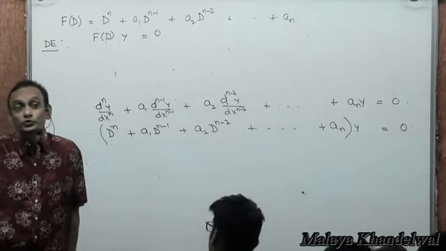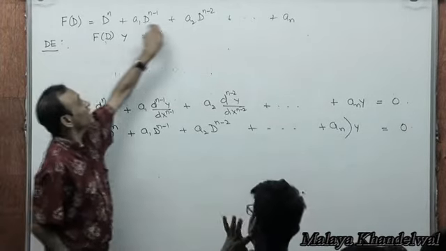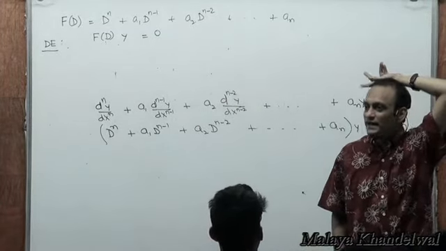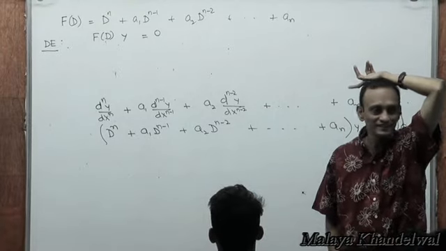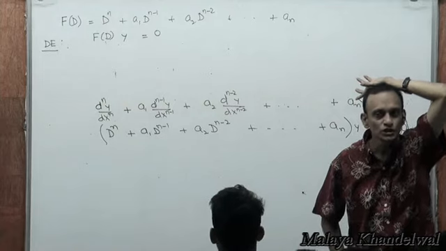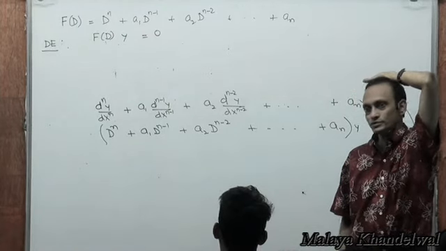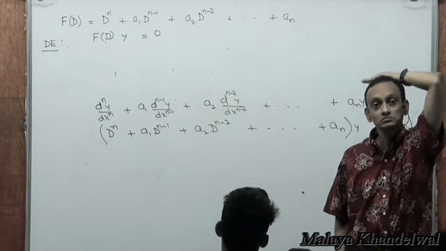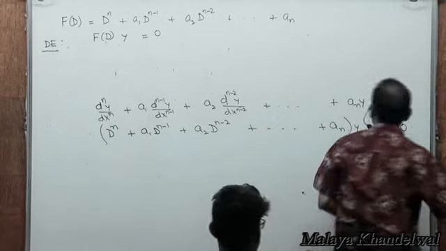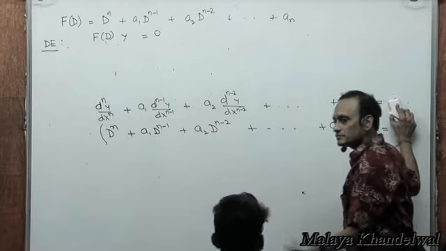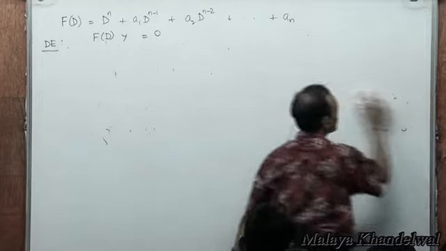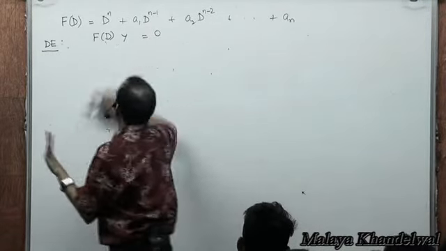Now, I told you, this is like a polynomial of operators. And like I said, we could factorize operators. Like I factorize algebraic expressions, we could factorize operators. So when I factorize an operator, for a moment, forget that it's an operator.